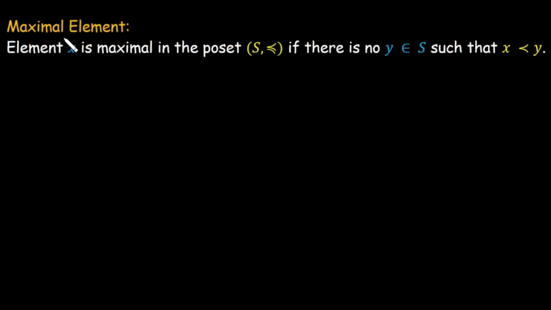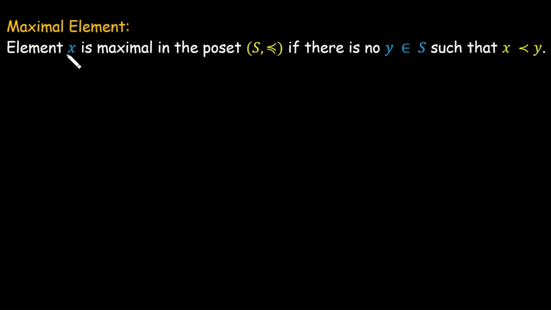In a poset, we have four main definitions, that is maximal element, minimal element, greatest element and least element. So one by one we will cover these. Basically, an element in a poset is called a maximal if it is not less than any element of the poset.